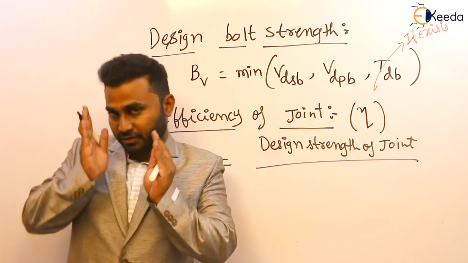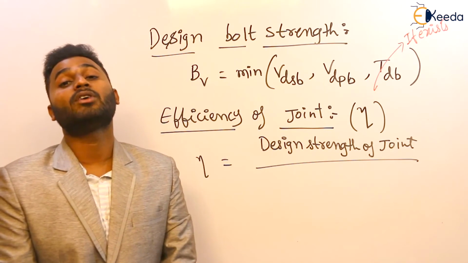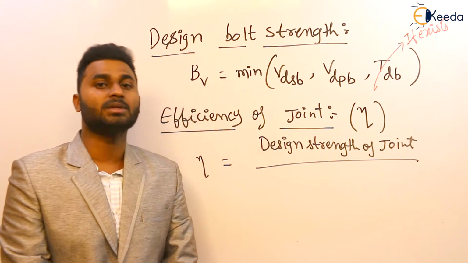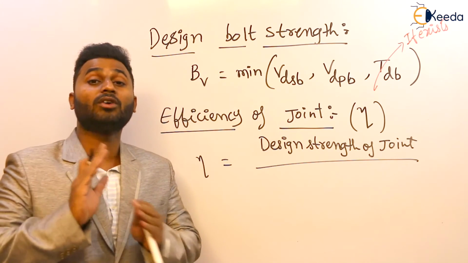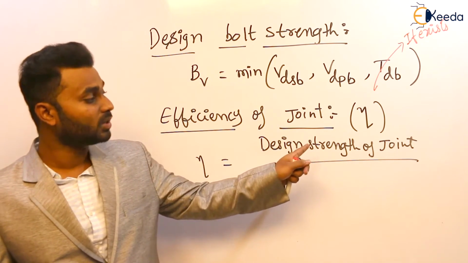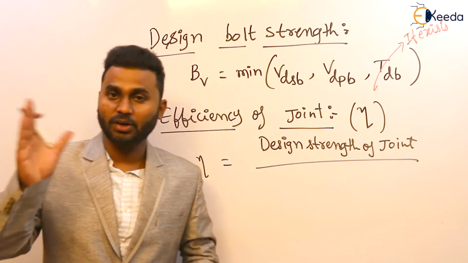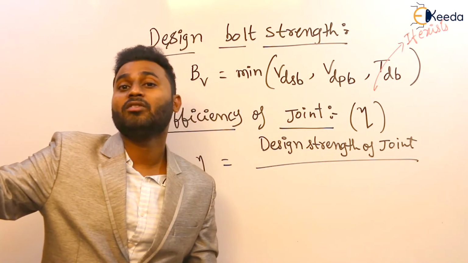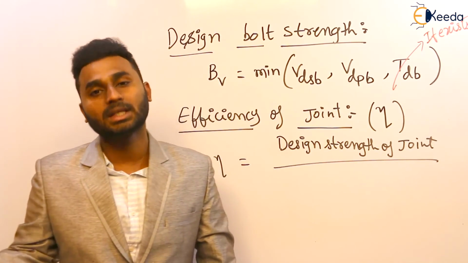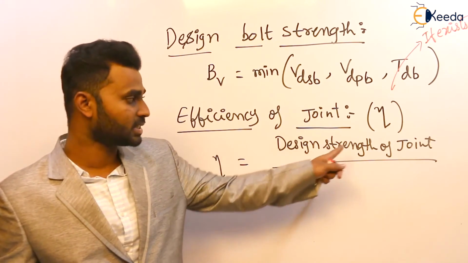So if we say only bolt, we consider the strength of bolts only. But if we say bolted joint or connection, we also have to consider the connecting member strength. That's it. Agree?